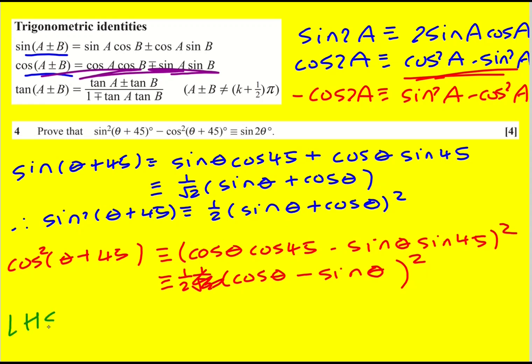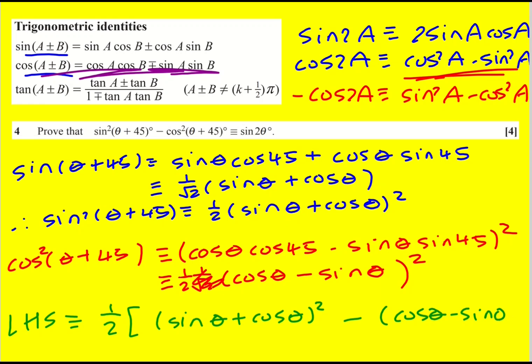So now I can say the left-hand side is therefore going to equal a half. And then in brackets, it will be sine theta plus cos theta squared minus cos theta minus sine theta squared.